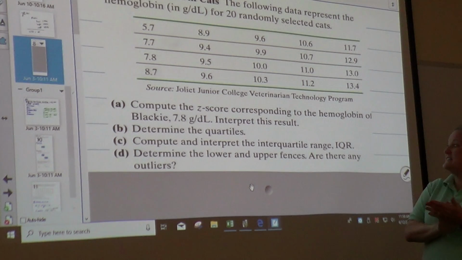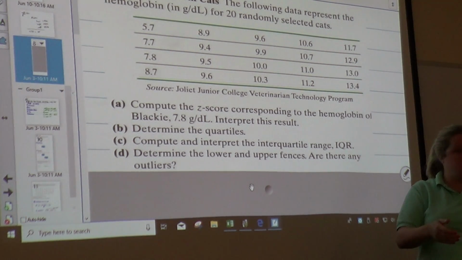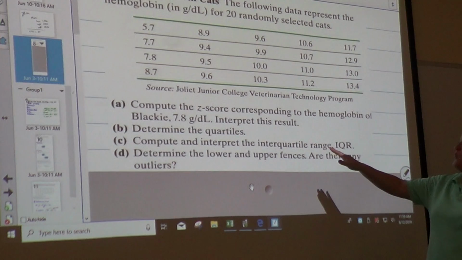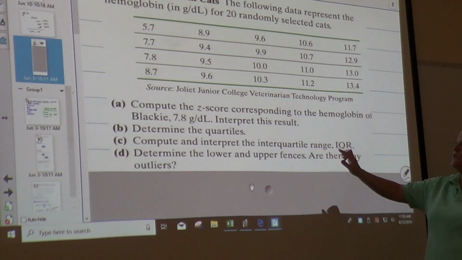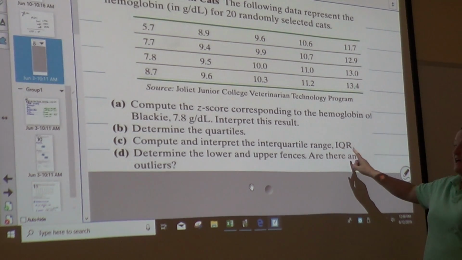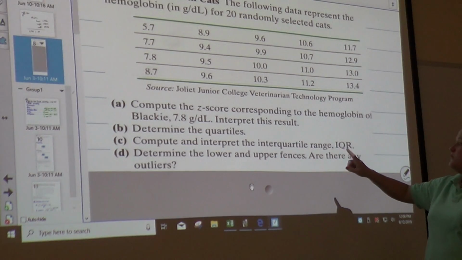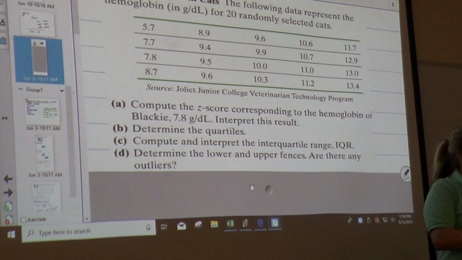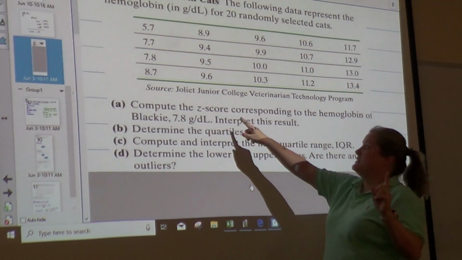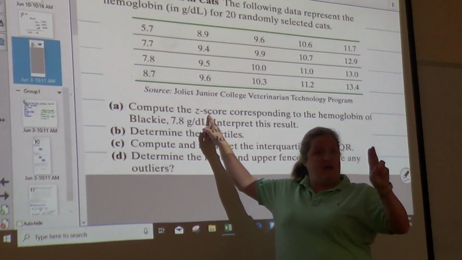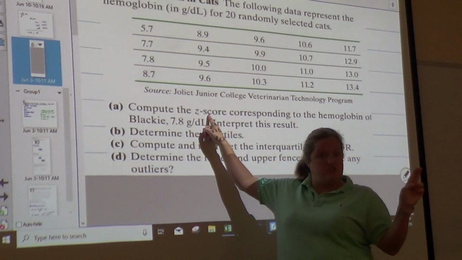Poor old Blackie got his hemoglobin, and he got a 7.8. We want to determine the quartiles, quartile 1, quartile 2, quartile 3, quartile 4. We want to compute and interpret the interquartile range and determine the upper and lower fences and determine if there's any outliers. So first, z-score means data minus mean over standard deviation.